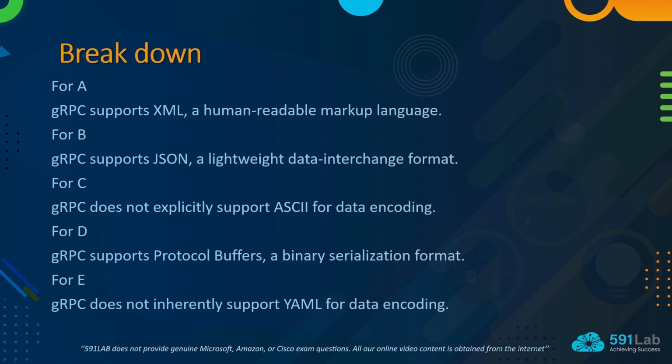Protobuf is a binary serialization format developed by Google, providing a compact and efficient way to serialize structured data and messages. For option E, gRPC does not currently support YAML as a data encoding technique. YAML is a human-readable data serialization format, but it is not a default encoding option for gRPC.